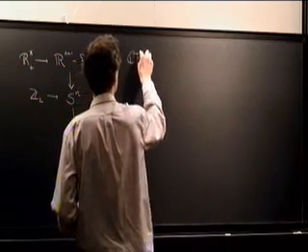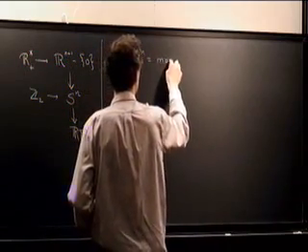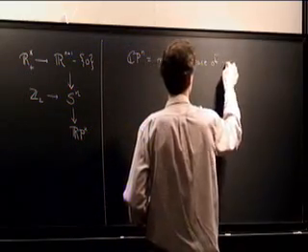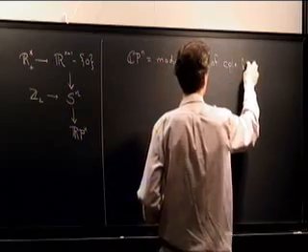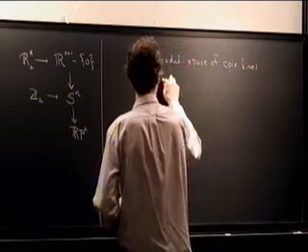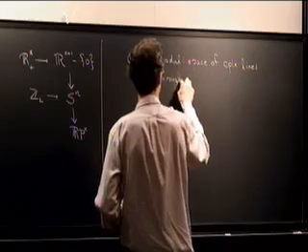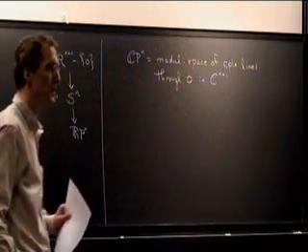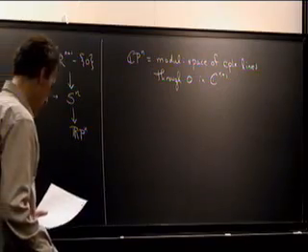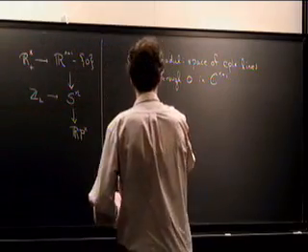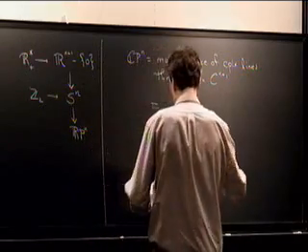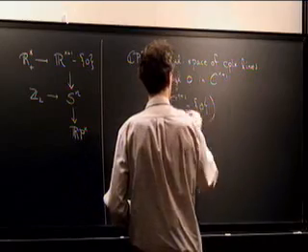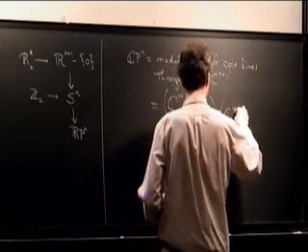CPN is the moduli space of complex lines through the origin in n plus one dimensional complex number space. So from that description, we know that we should look at it as C to the n plus 1 minus the origin mod C star.